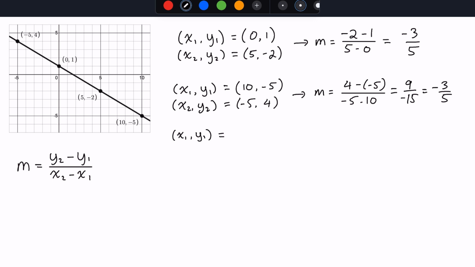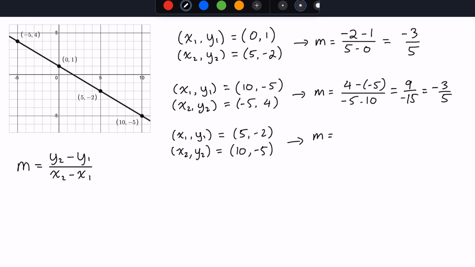Let's try one more. We can choose x1, y1 to be equal to 5, negative 2, and x2, y2 to be 10, negative 5.